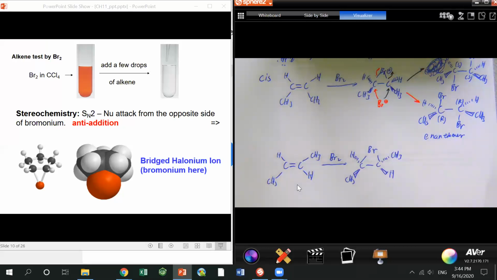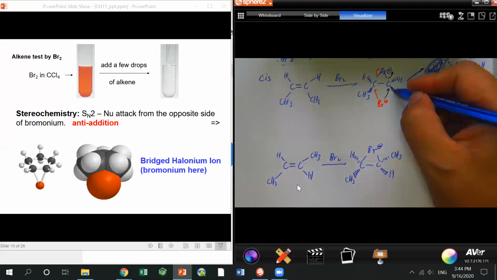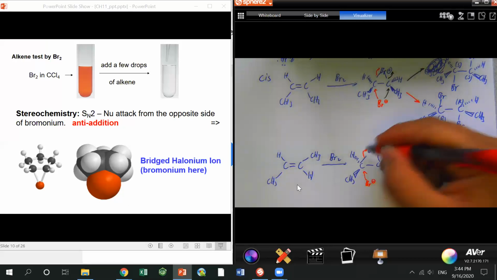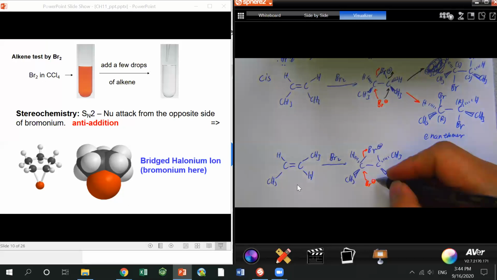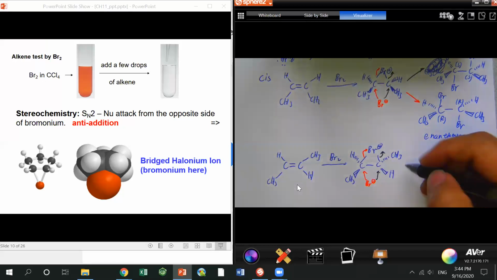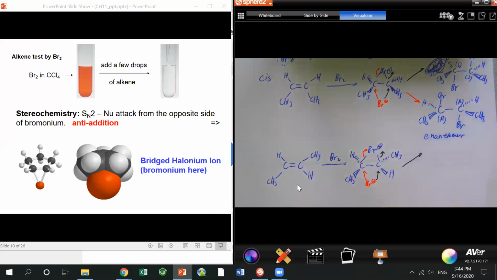All right, and then next the bromide is coming. It can either attack here, opening the triangle this way, or attack here, opening the triangle this way. So it looks like here you also generate a pair of compounds.